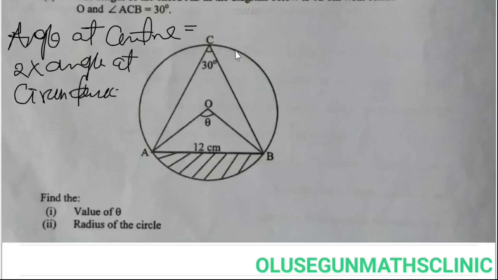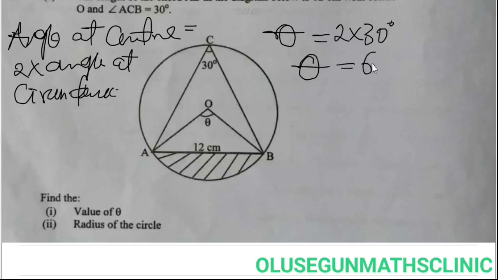So our angle at center, which is theta, is equal to 2 times 30 degrees, so our angle is 60 degrees. That is our first answer for the value of theta.